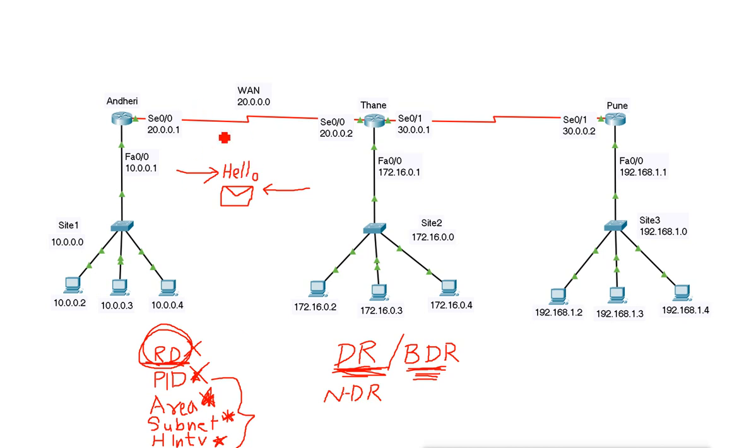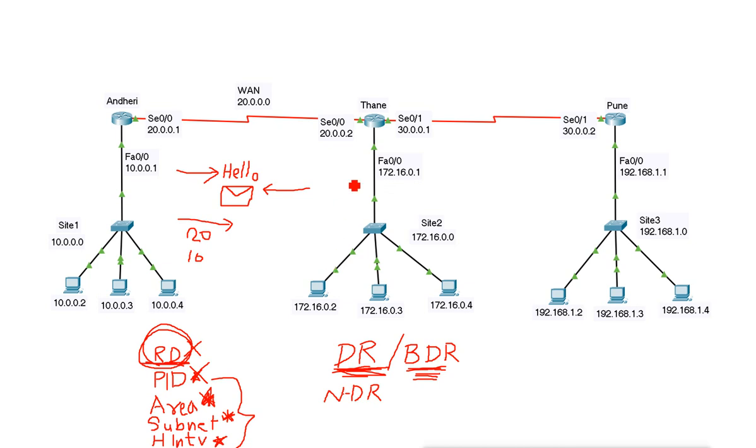So these routers will start sending the information about the networks. Like this Andheri router will send the information to this router saying that I am connected to these two networks, network 20 and network 10.